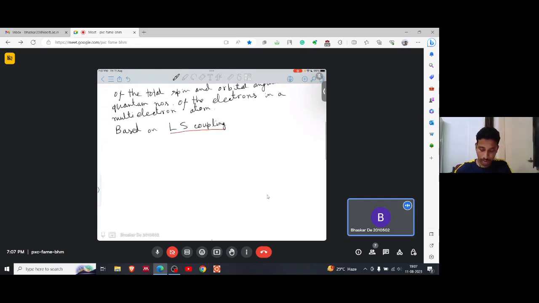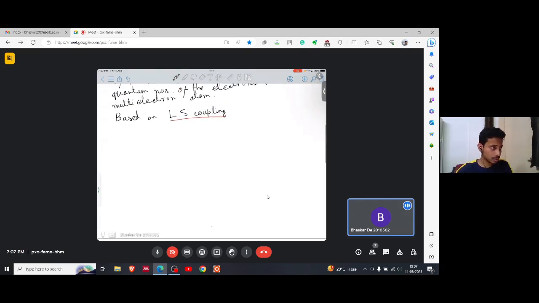Okay, now what is this LS coupling? LS coupling is basically spin orbit coupling. So this is a spin orbit coupling.